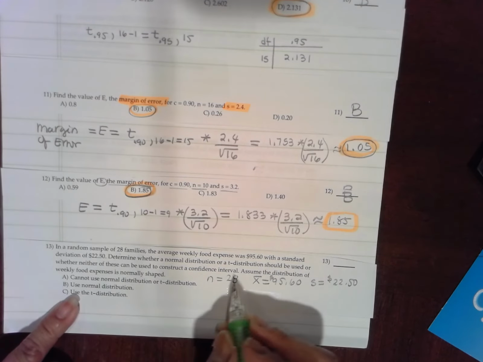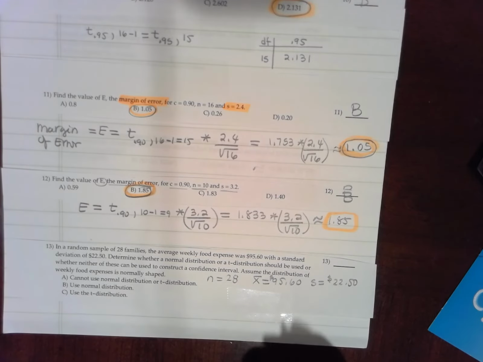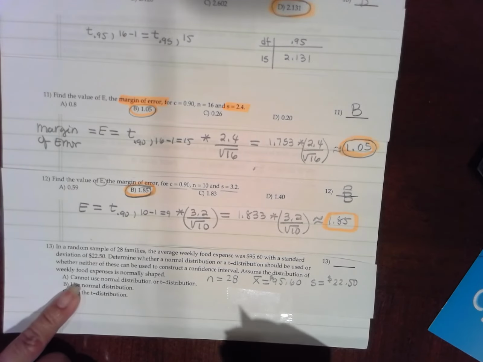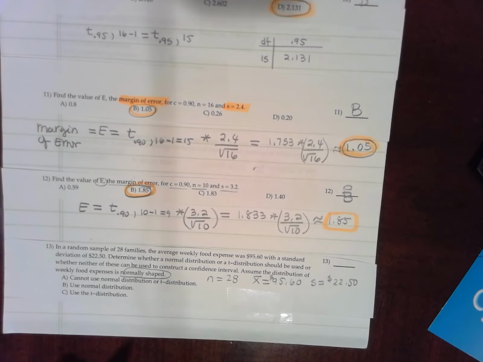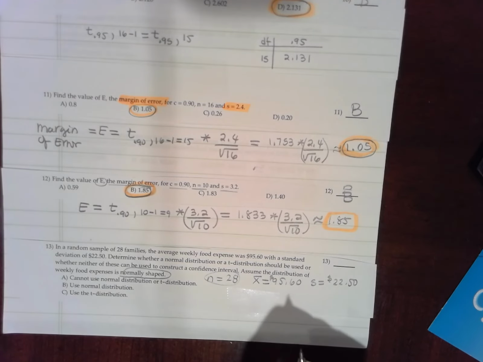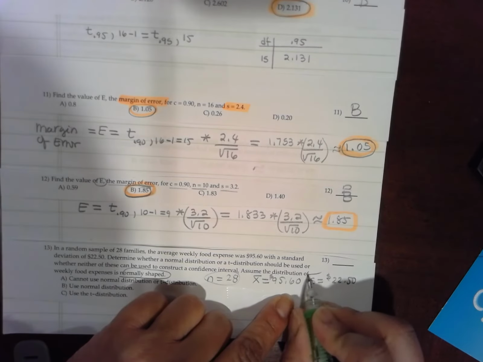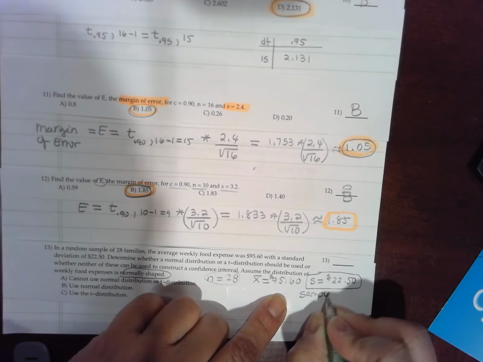Determine whether a normal distribution or t-distribution should be used, or whether neither of these can be used to construct a confidence interval. And it says it is normally shaped, so it has a normal distribution shape. So even though the sample is less than 30, it says it has a normal distribution shape, since it's giving you the sample standard deviation.